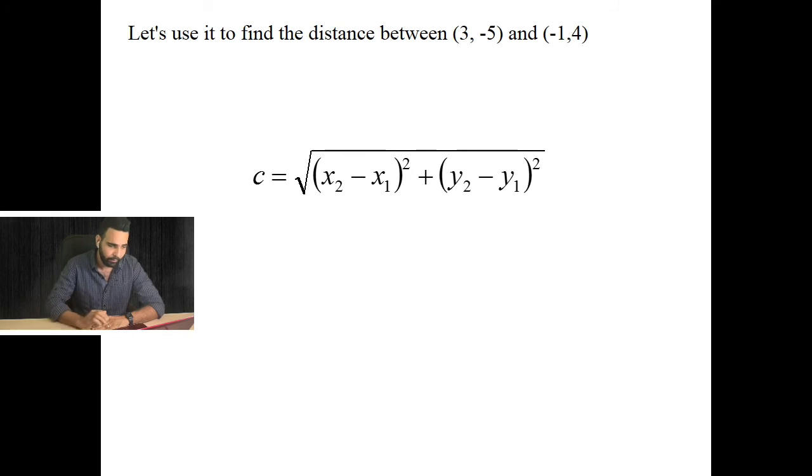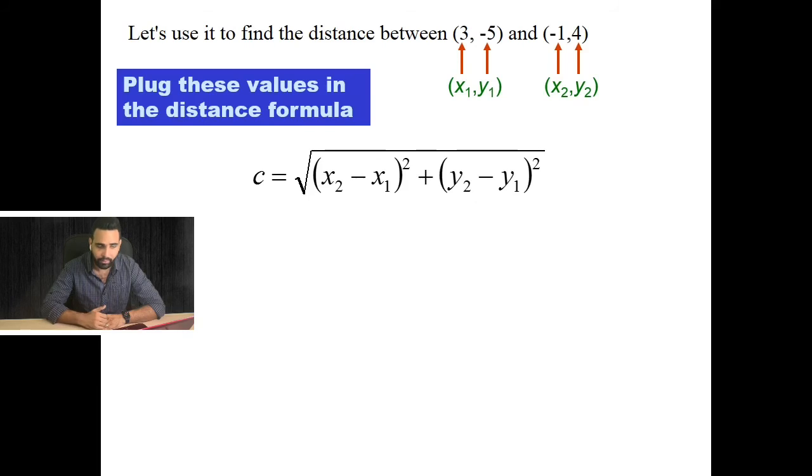Let's take an example. Let's use it to find the distance between (3, -5) and (-1, 4) by using the formula without a graph, okay? The first step, you have to know that x1, y1 is 3, -5, and x2, y2 is -1, 4.